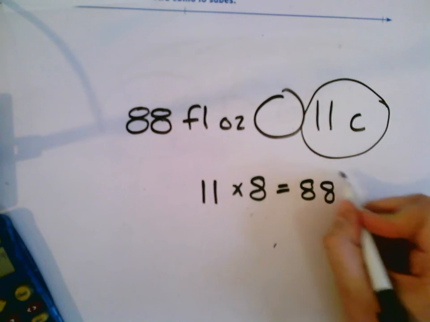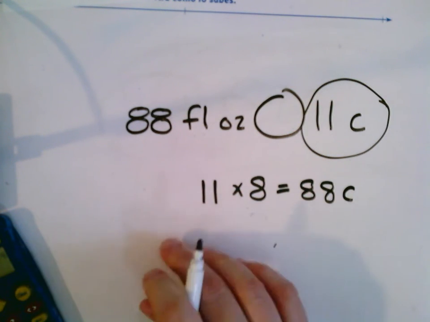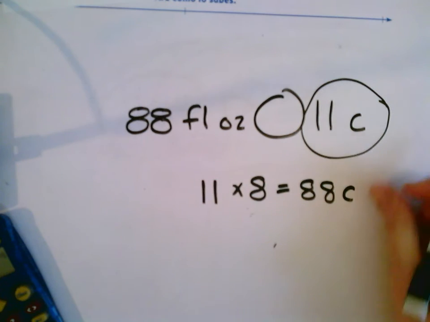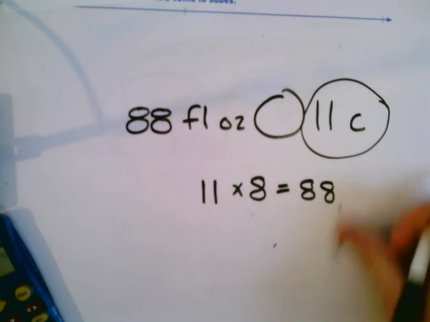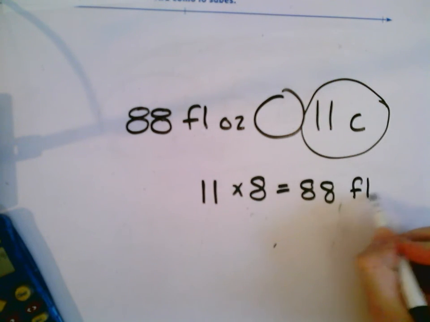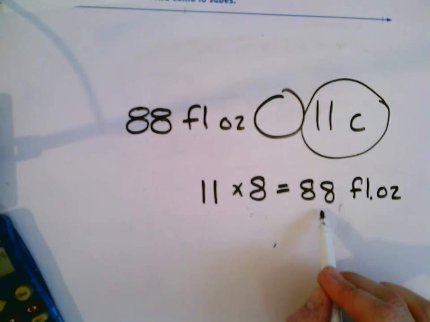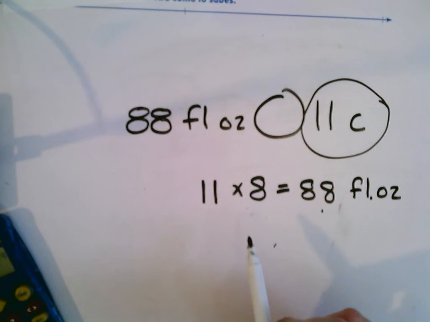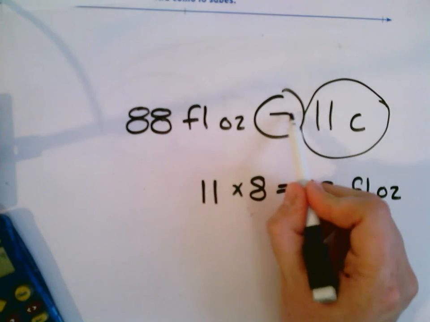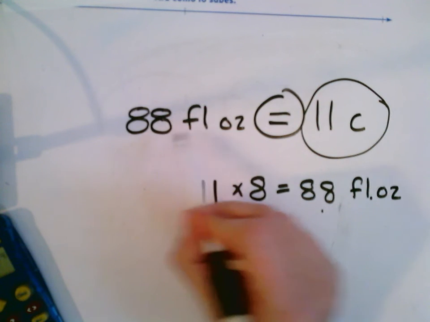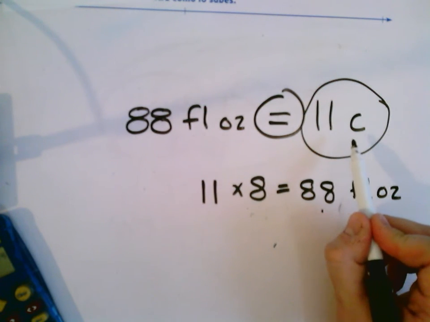So 11 cups is the same as 88 fluid ounces. So 88 fluid ounces over here, 88 fluid ounces over here. So my comparison sign will be, that's right, equal. 88 fluid ounces and 11 cups are equal.